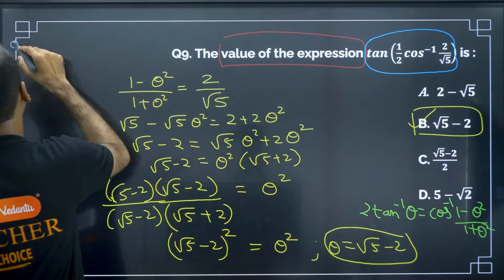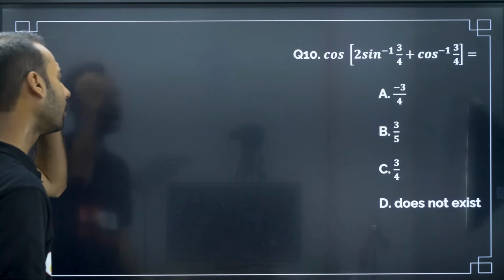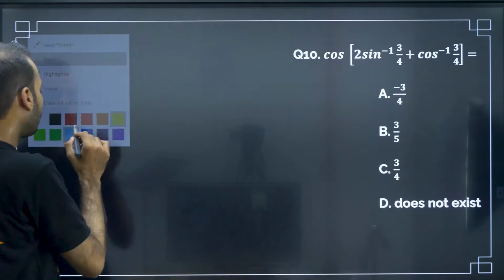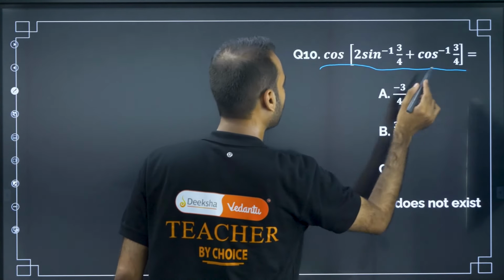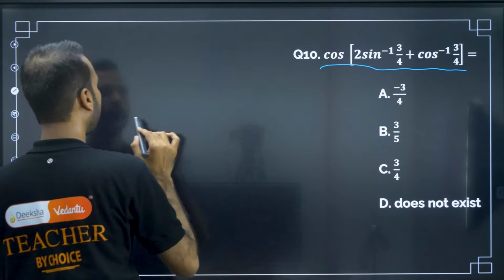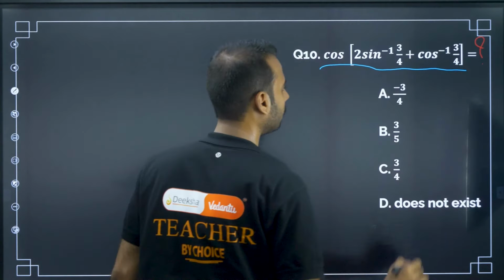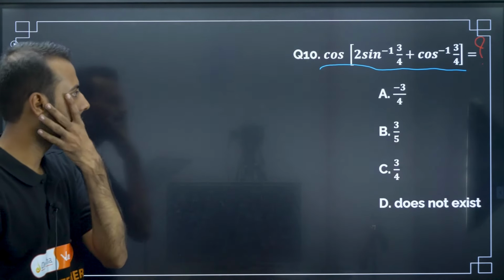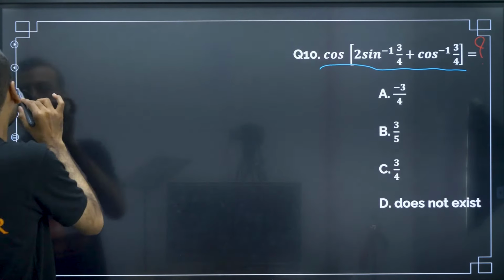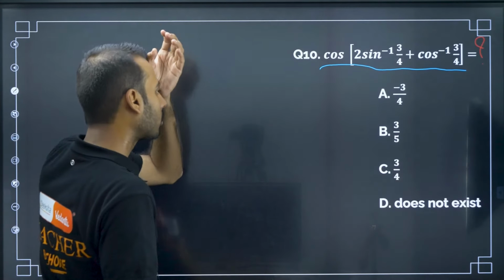Moving on to next question. Cos of, they have given some expression, cos of 2 sin inverse 3 by 4, and they are asking to find the value of this. So how to approach this?